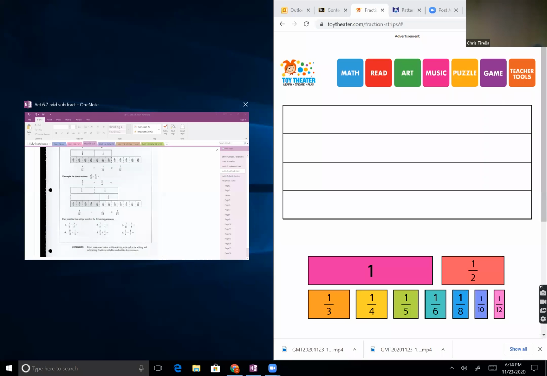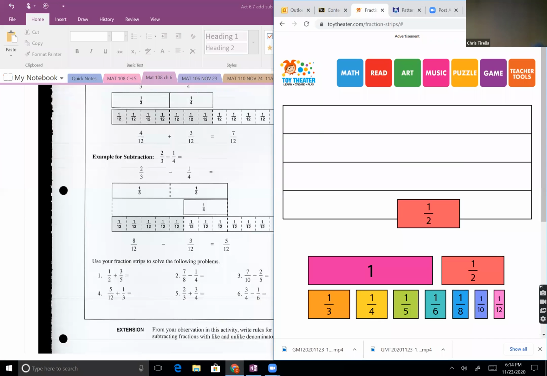So using these fraction strips, if I wanted to take 1/2 and add to it 3/5, we have to figure out what I could show that being equivalent to with the other strips.